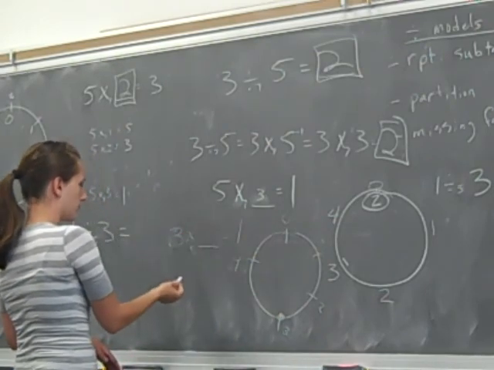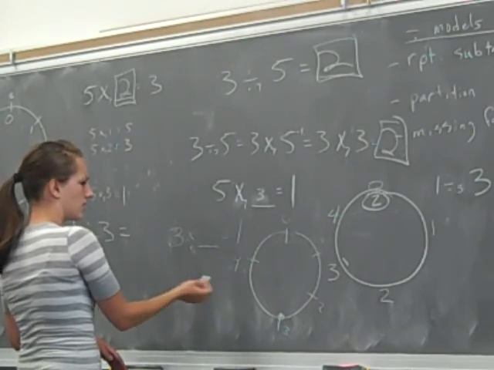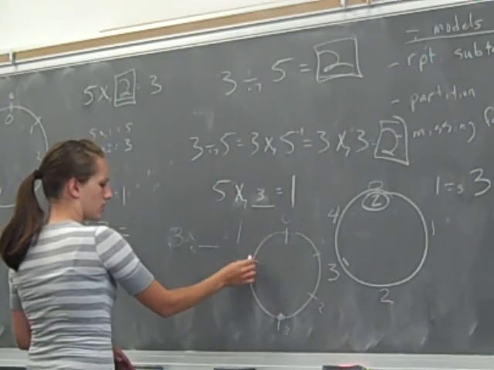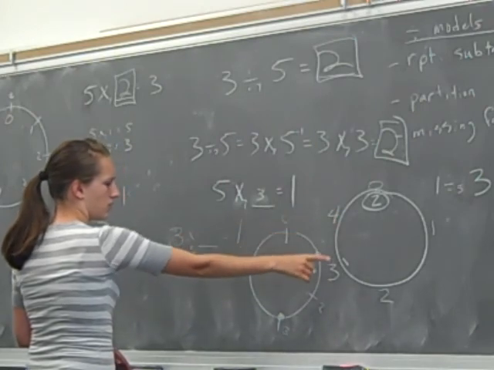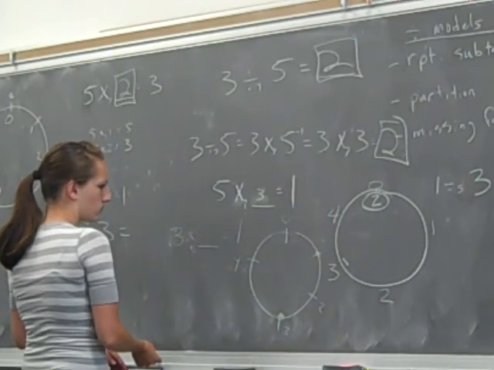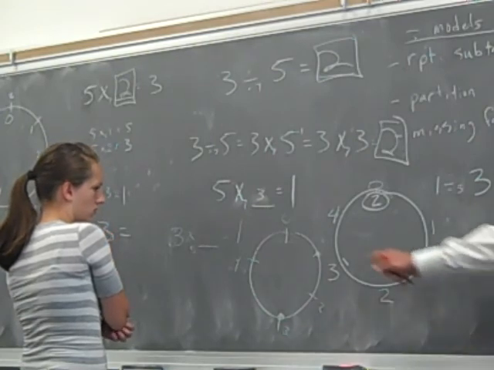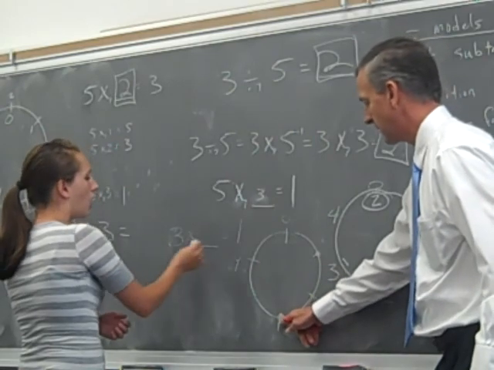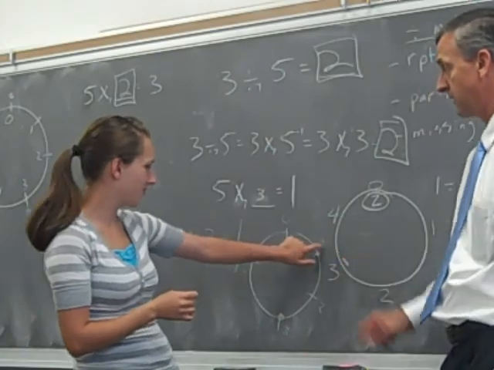Okay, 3 times blank gives us 1. All right. Still not right though. Well, you did 1, 2, 3 and got here. And then 1, 2, 3 and you got to 1. So 2 gets us to 1.